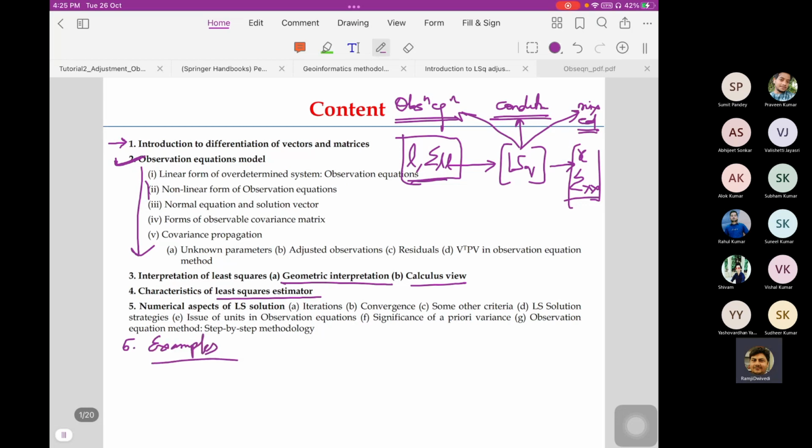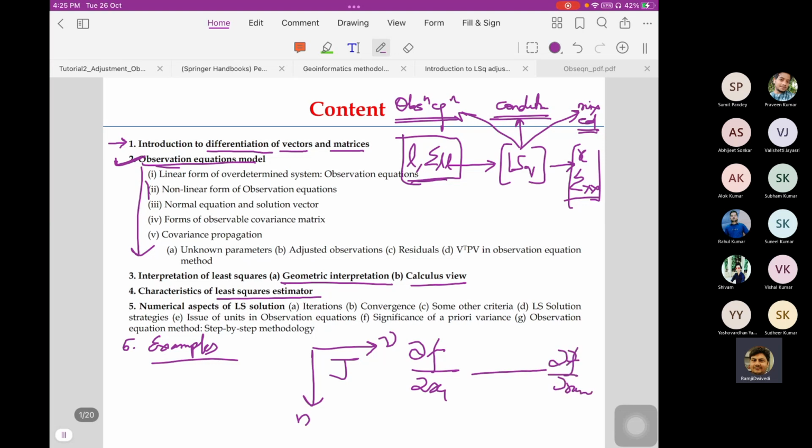So we are first focusing on the observation equation model. But before going to that, we need to first understand how the differentiation of different vectors and matrices takes place. Please remember, I have told you many times that in your Jacobian, it goes by number of functions and number of variables. So del f1 by del x1 goes up to del f1 by del xn, and then del fn by del x1 and so on.